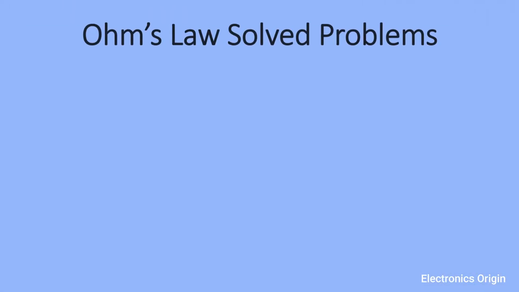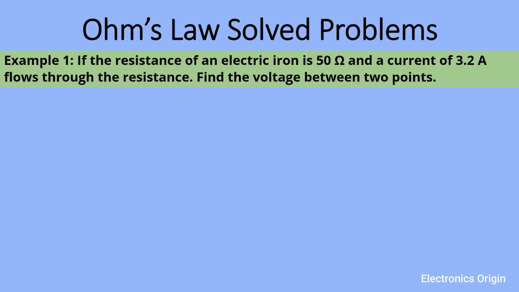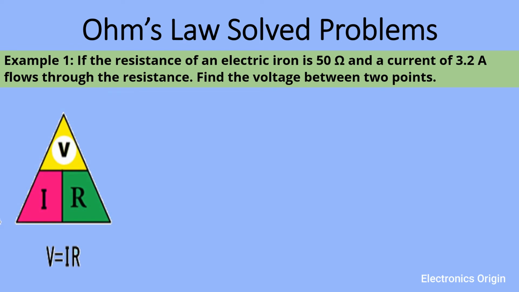Ohm's law solved problems. Example 1. If the resistance of an electric iron is 50 ohm and a current of 3.2 amps flows through the resistance, find the voltage between 2 points. Solution. If we are asked to calculate the value of voltage with the value of current and resistance, then cover voltage in the triangle.